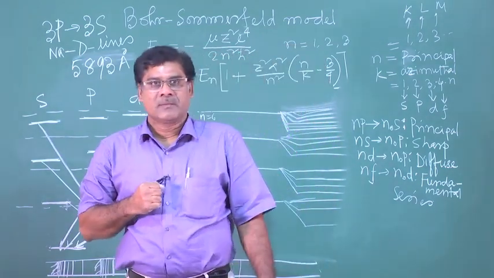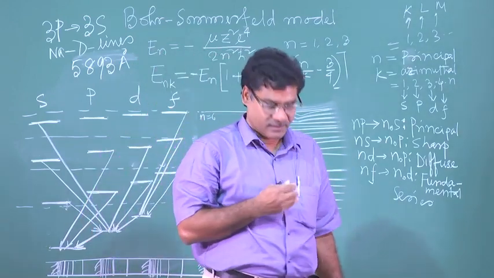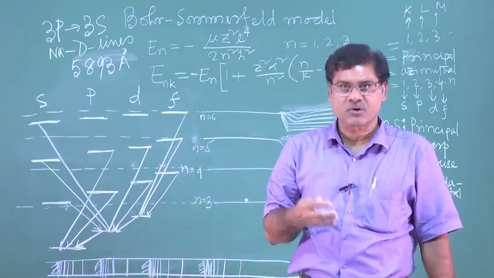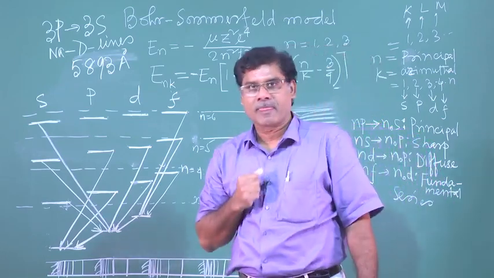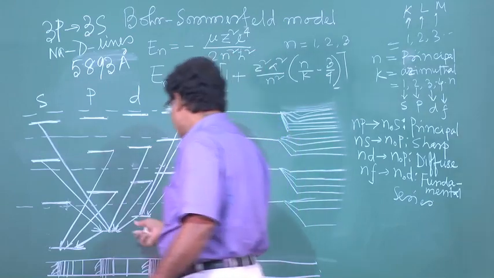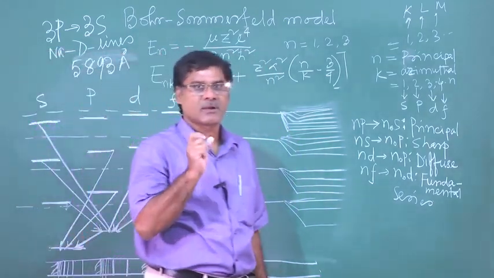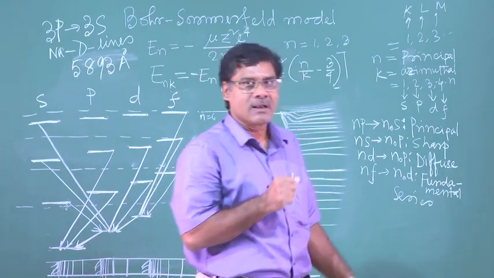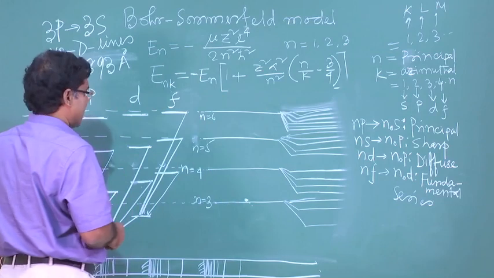But when it is observed in spectroscopy of higher resolution, it is seen that this sodium D line is not one line, it is basically two lines, sodium D1 and sodium D2.